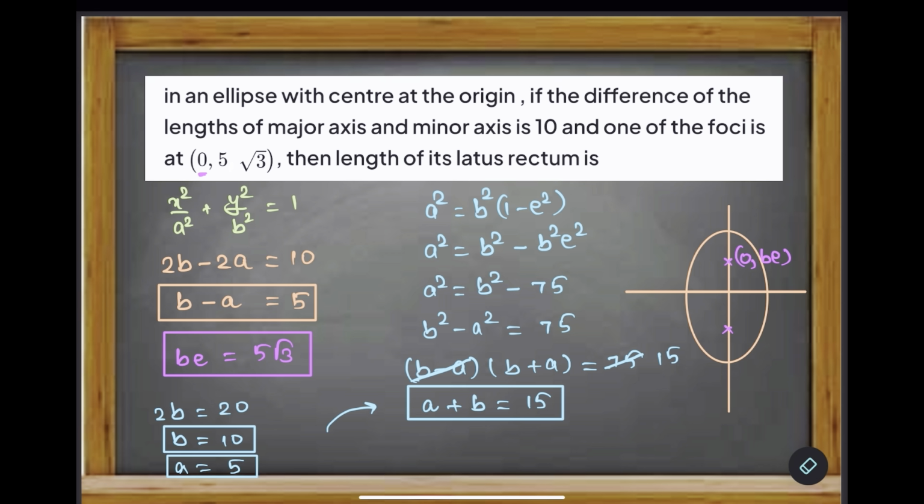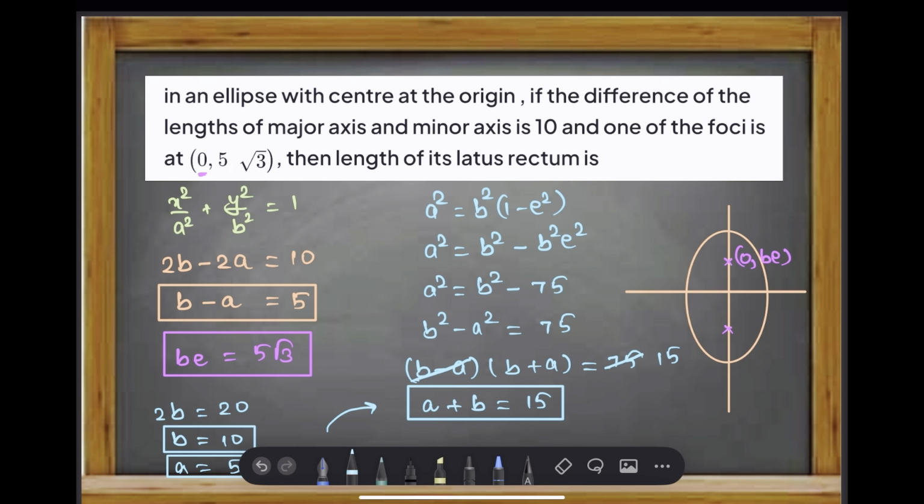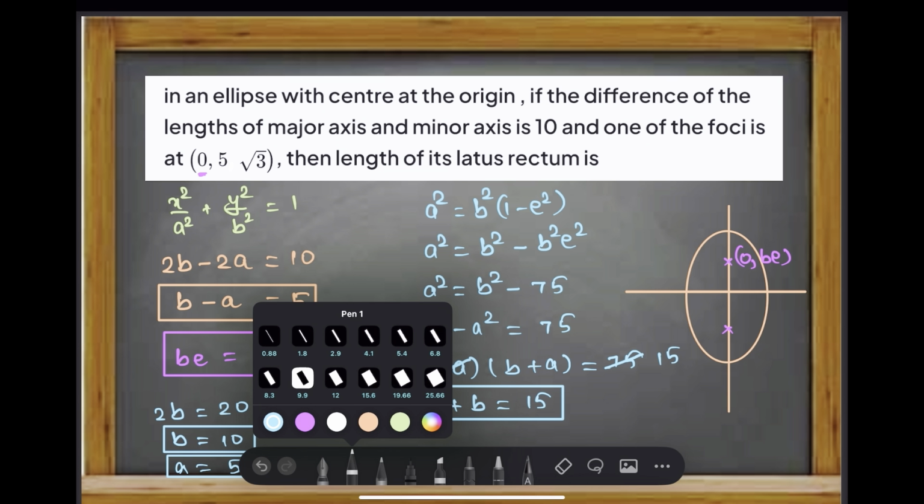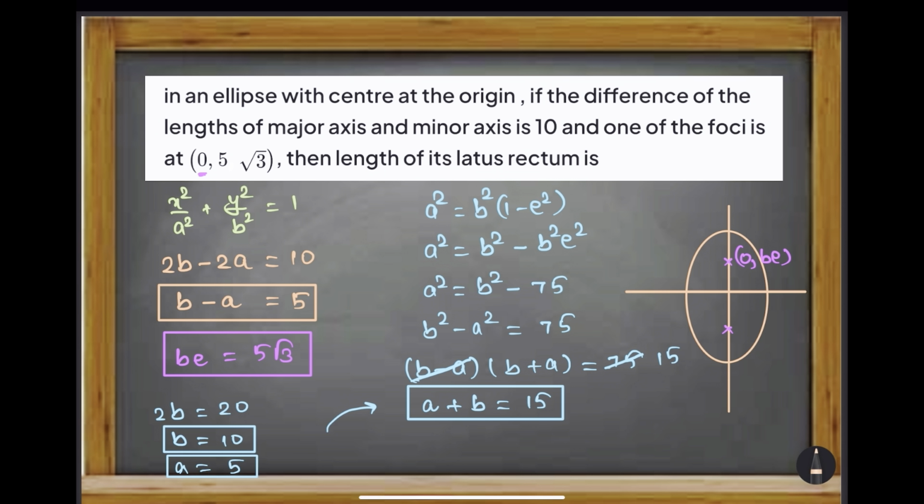Okay, so we got the value of a, we got the value of b. Now you can write down the required equation of the curve as x square by a square, a is 5, so 25, plus y square by b square, b is 10, so it is 100, equals to 1. So this is the required equation of the curve.